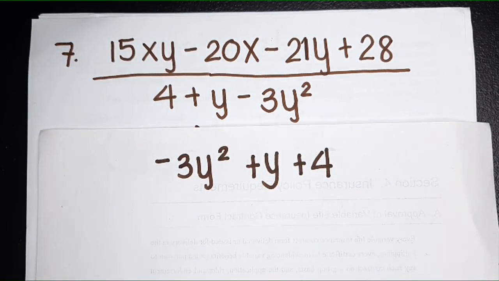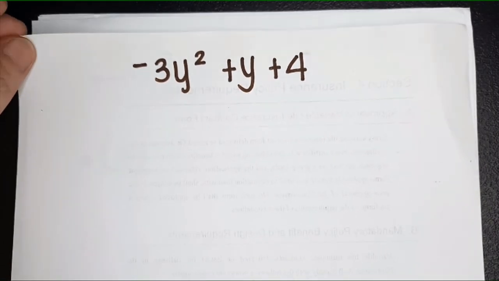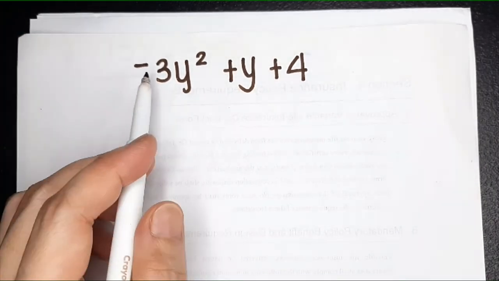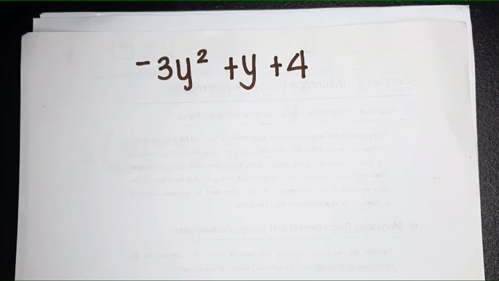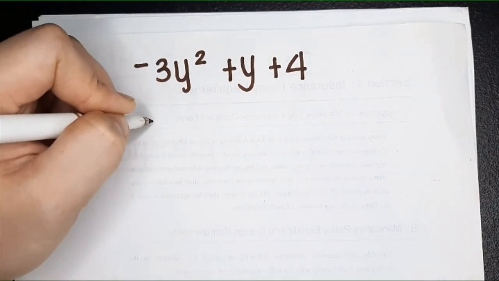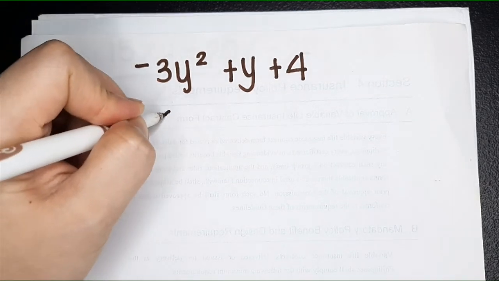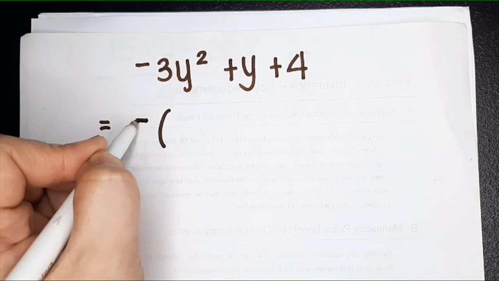Right? Tapos, medyo baka hindi pa rin kayo komportable. Why? Because negative ang coefficient ni y squared. You have a negative 3. Pwede naman ninyong gawing positive yan. You can take a negative 1 outside. So, di ba, pag negative 1, pwedeng wag nyo nang isulat. So, you just write a negative sign here.